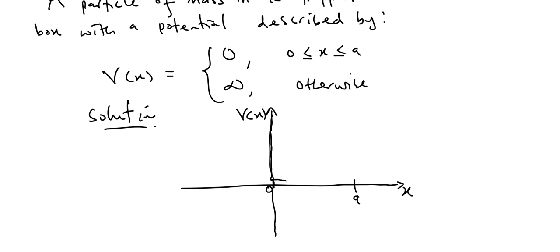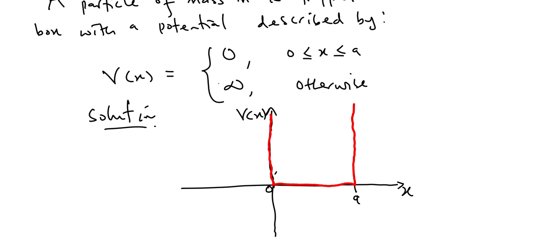This is an infinite square well potential. Let me use red. So the particle is inside this box.